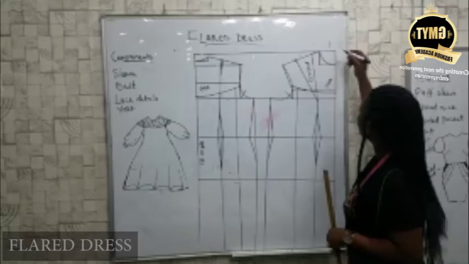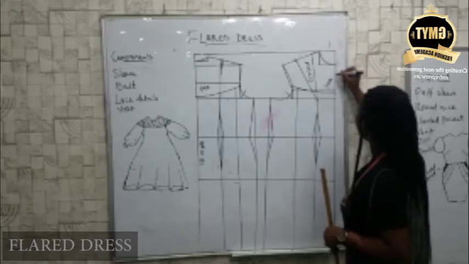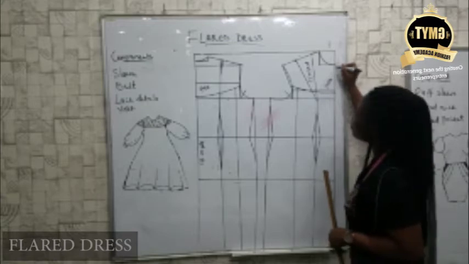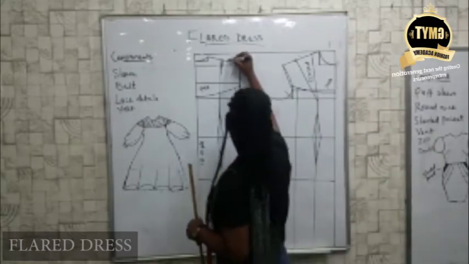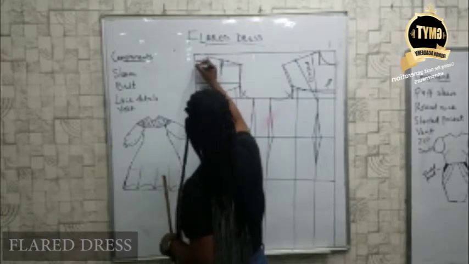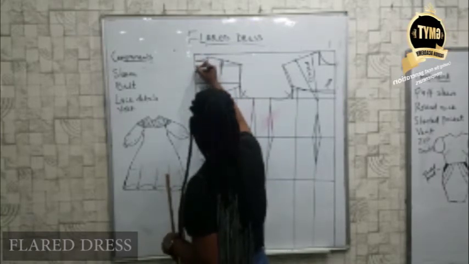Mark the depth and mark the width for your canoe neck. Connect it with a curve. Do the same thing for the back. Mark the depth and mark the width for your canoe neck.